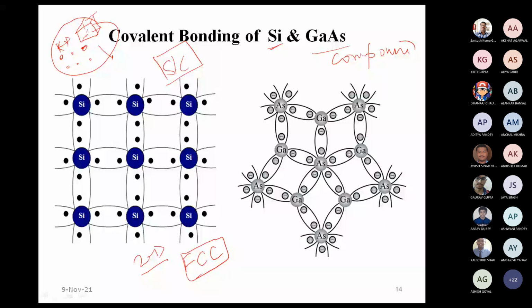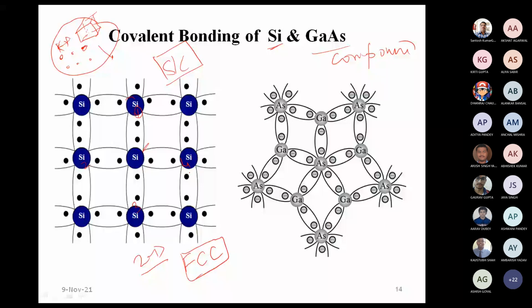A silicon atom is surrounded by four neighboring atoms. Say we designate them 1, 2, 3, and 4. Each central silicon atom is surrounded by four silicon atoms.